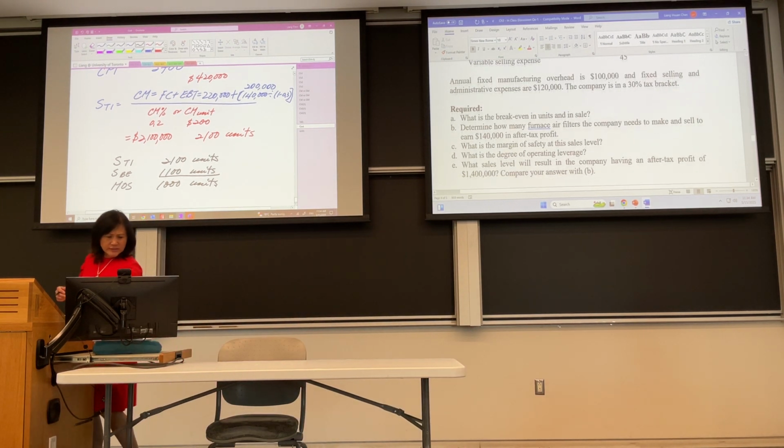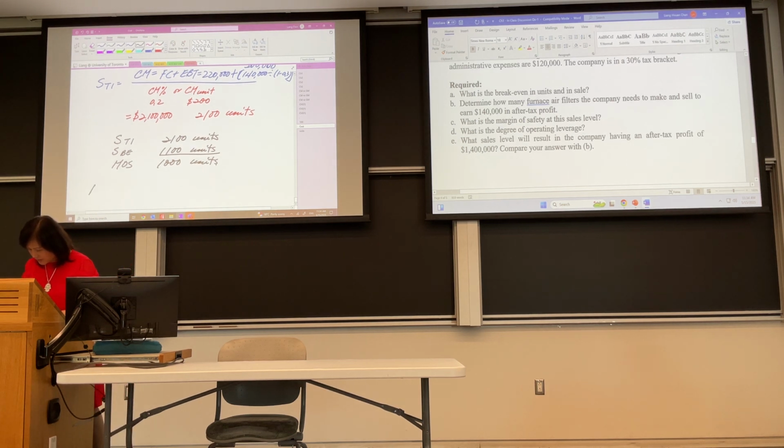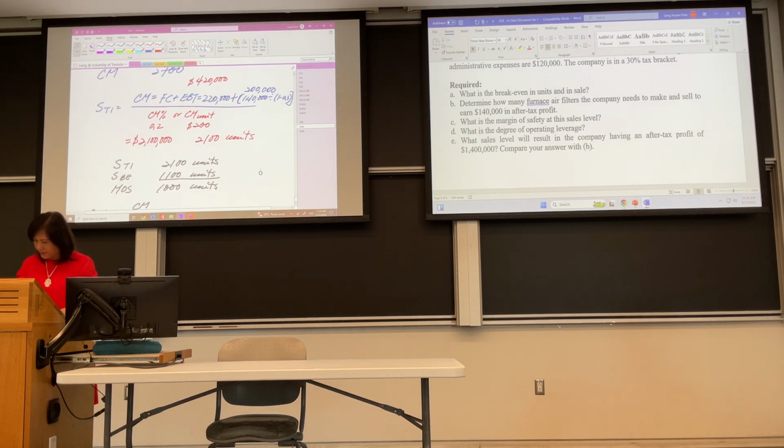So now, what's the degree of operating leverage? DOL is contribution margin at this level divided by EBT. So look, 420,000 is the both part.